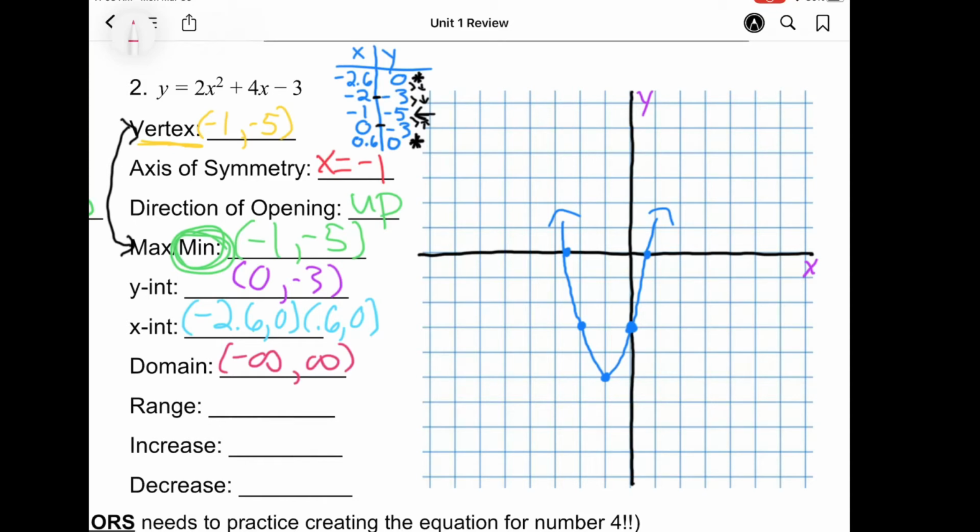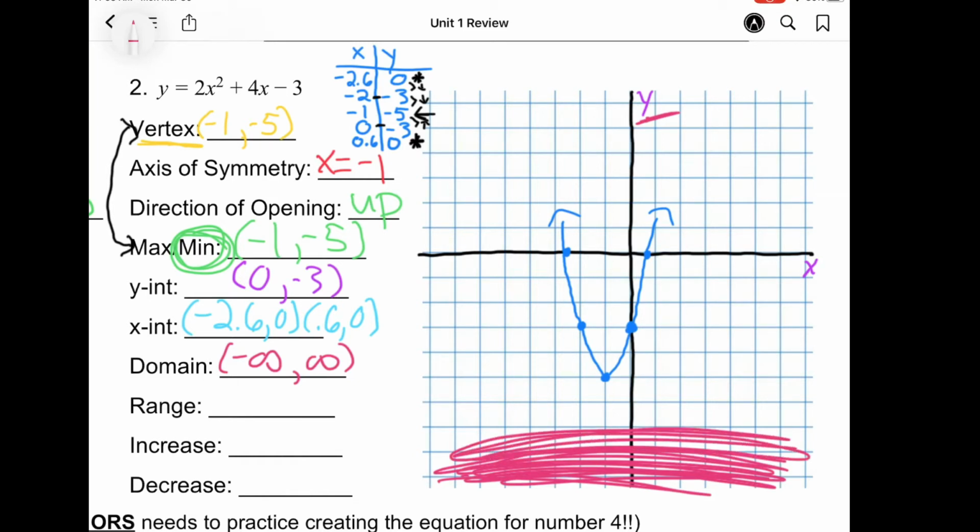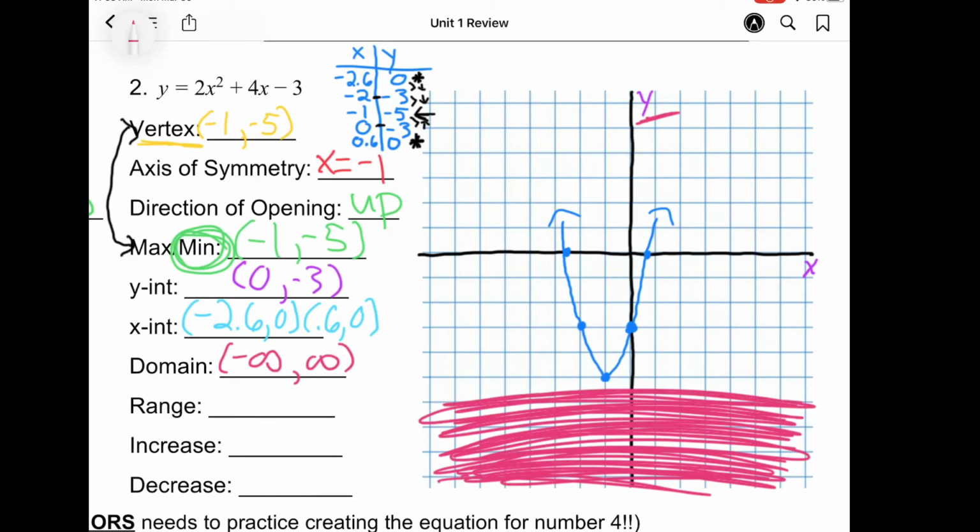Our range is determined by our y values. So always start with the smallest. As we go up, and if you want to, you can pull your pencil as I'm coloring up, what is our lowest point? Lowest point is found at y is 1, 2, 3, 4, 5, -5.